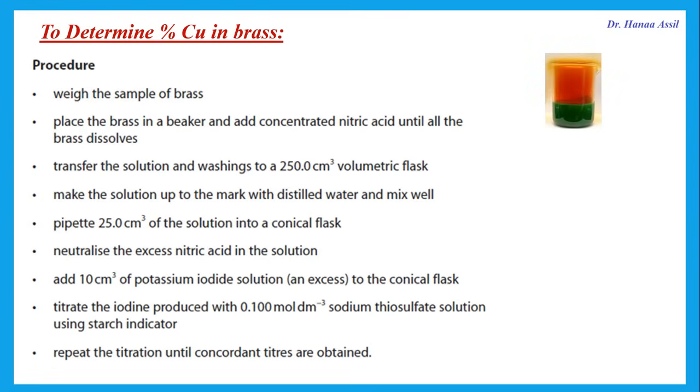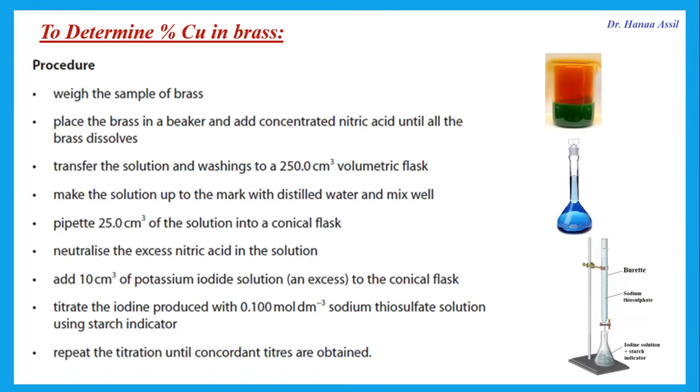Nitric acid will dissolve the copper. Transfer the solutions and washings to a 250 cm³ volumetric flask, make the solution up to the mark with distilled water and mix well, and pipette 25 cm³ of that into a conical flask. Neutralize the excess nitric acid.